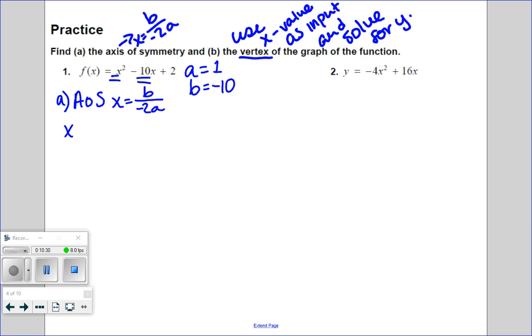Right, so to find that, we'll plug in B, which is negative 10, over negative 2 times A, which happened to just be a 1. Okay? And then we just do order of operations there. So negative 2 times 1 is still negative 2, and then negative 10 divided by negative 2, positive 5. So guess what?